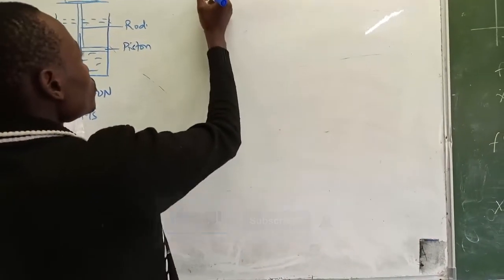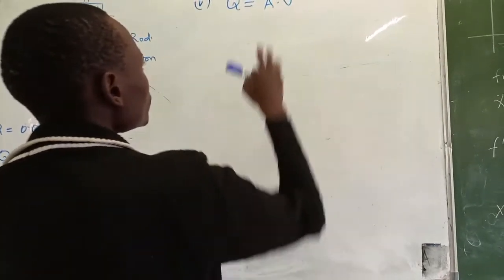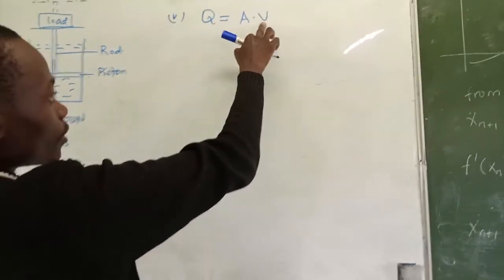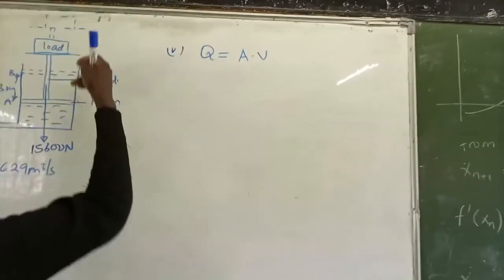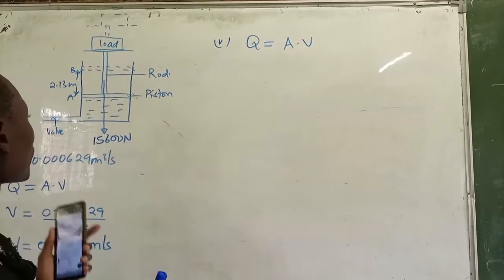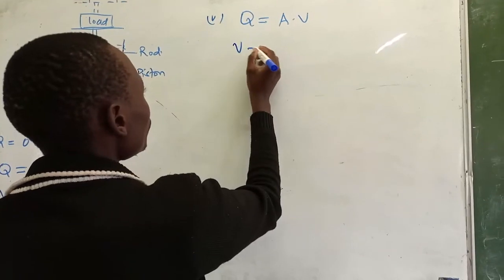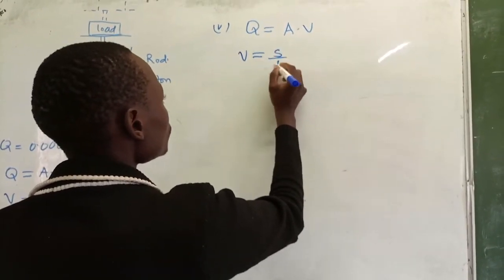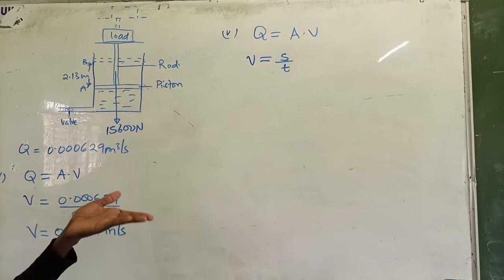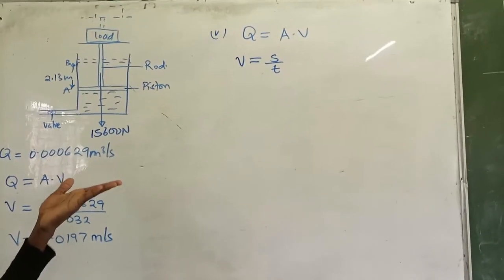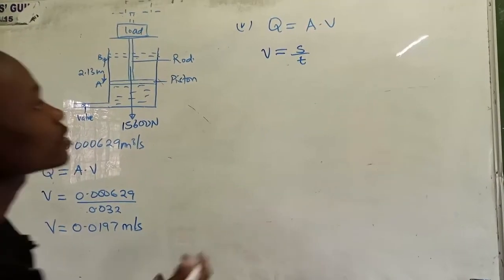Still from the equation of continuity, discharge is area times velocity. The area is known. All we need to know is the velocity with which this car has to descend, so that we can know the discharge. Velocity will be given as distance out of time, the displacement, and since it was raised through 2.13 meters, if it is to descend to an initial position, it should go through 2.13 meters.